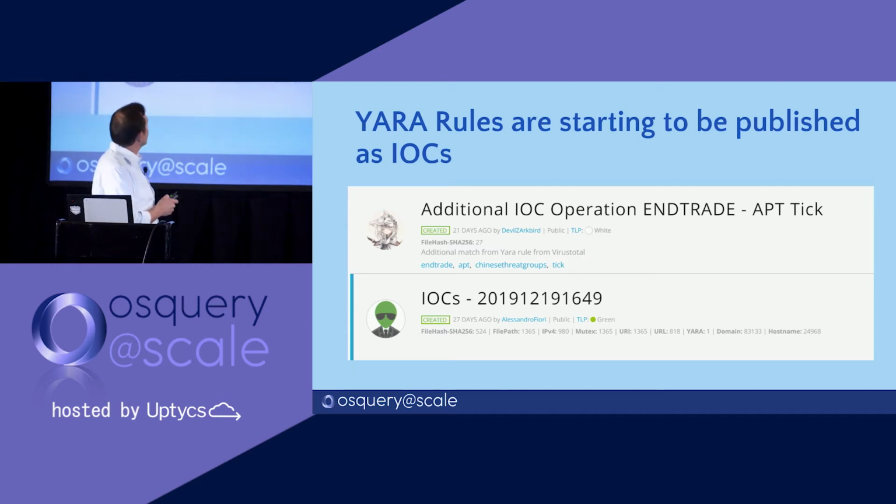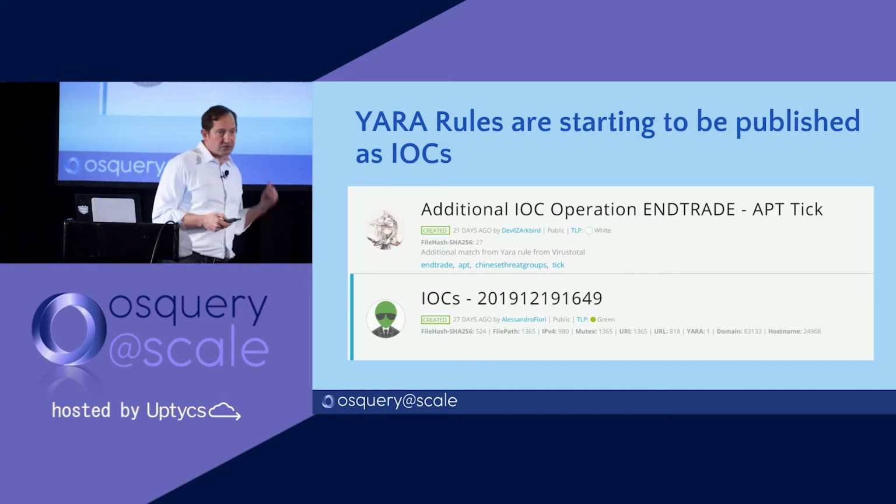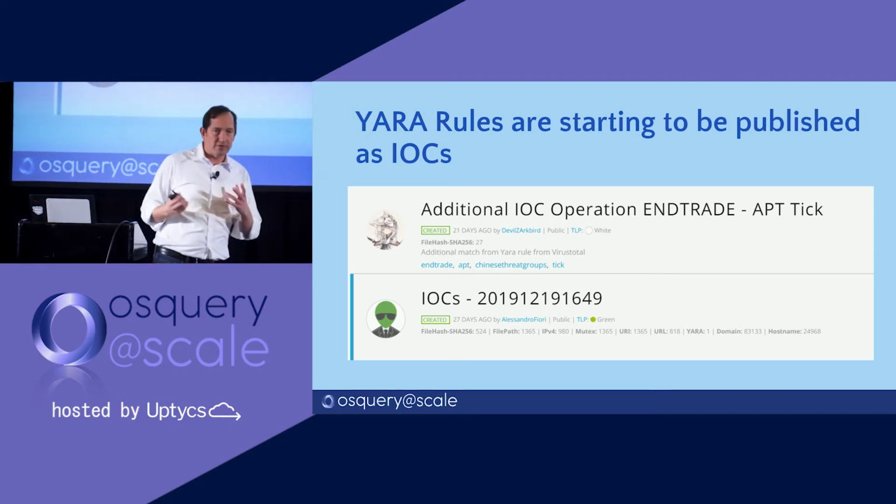So in this particular posting up the top here, or pulse, we see that a YARA rule was found, and then they scanned their system and found 27 different files. And they actually published the SHA-256 file hashes in this case. So that's another way of using YARA.